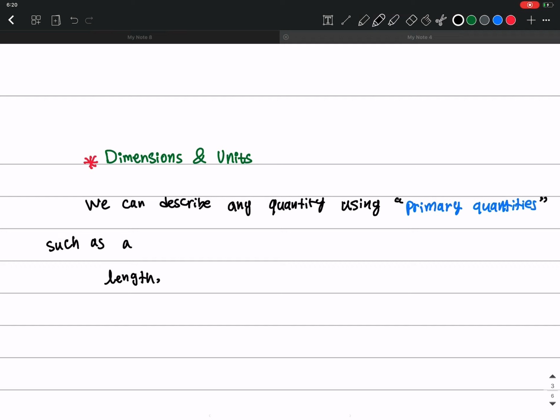So length, we show it with L. Time, or T, mass, or M, and something that we don't typically use in this course, but is important for fluid mechanics, especially thermodynamics, is temperature, that we show with theta.